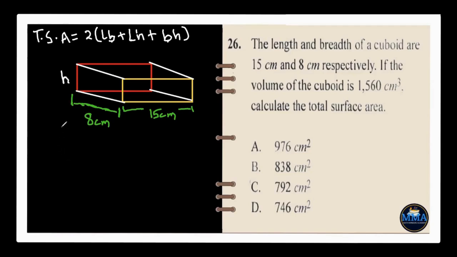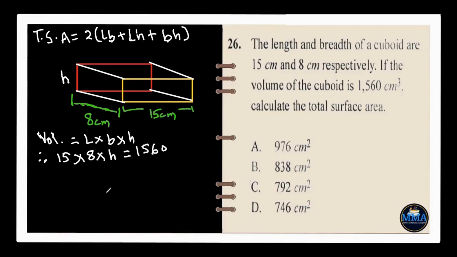Now, the volume is 1,560, and you know that volume of a cuboid is given as length times breadth times height. So here we have 15 length times 8 times height equals 1560.